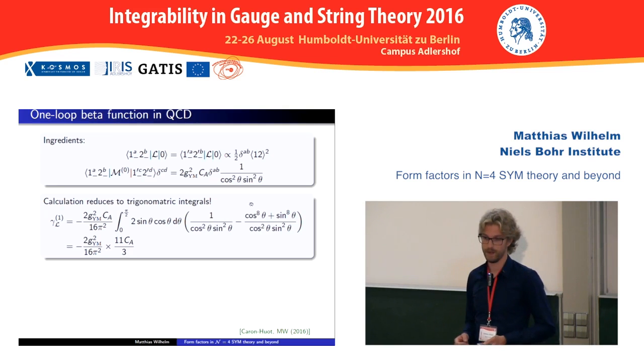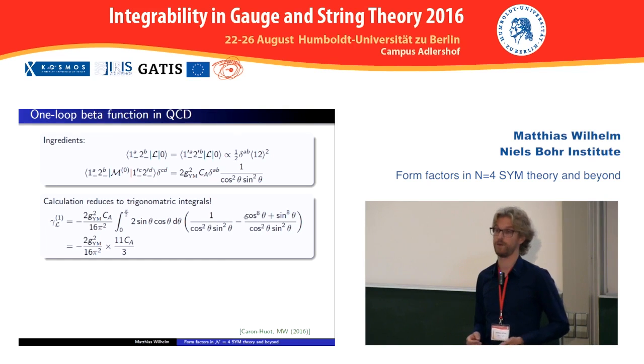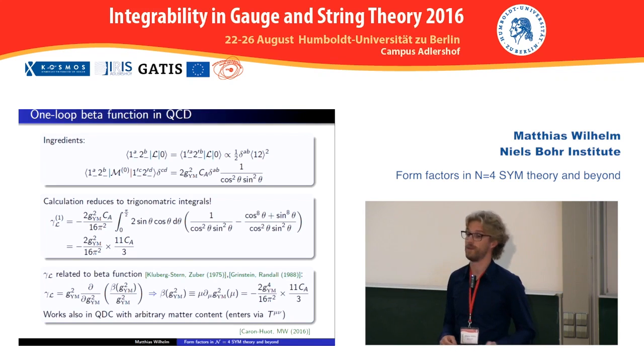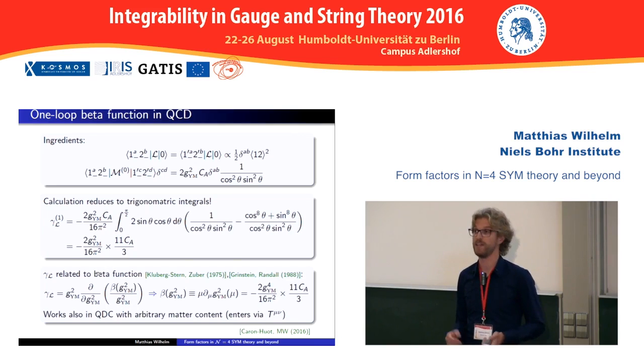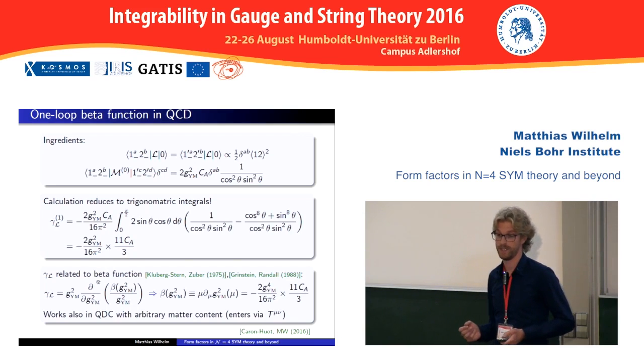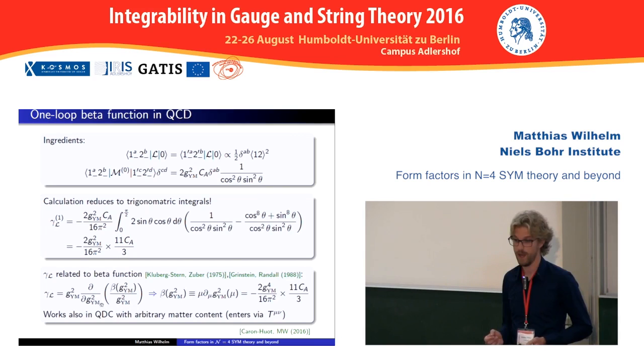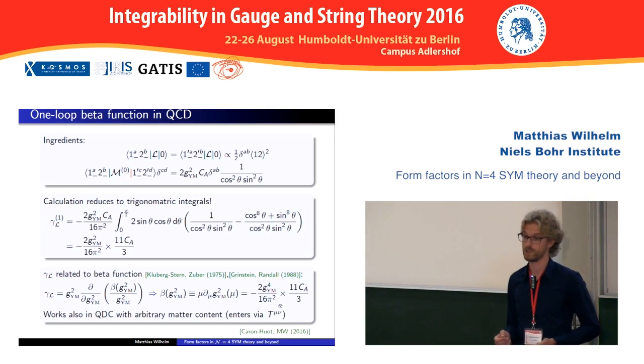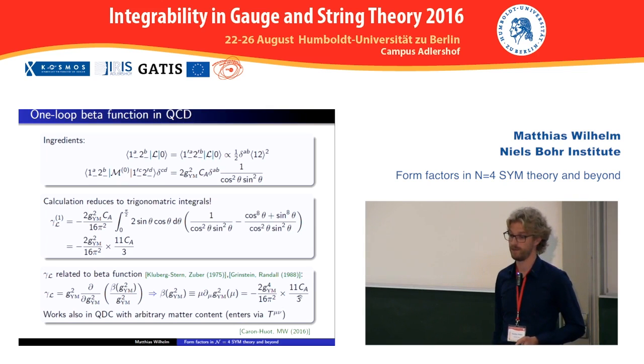Together, these give a convergent integral, and thus a finite result for the one-loop anomalous dimension of the Lagrangian. The anomalous dimension of the Lagrangian is related to the beta function by taking a derivative. So we obtain the famous result for the one-loop beta function of Yang-Mills theory, which is proportional to minus 11/3.